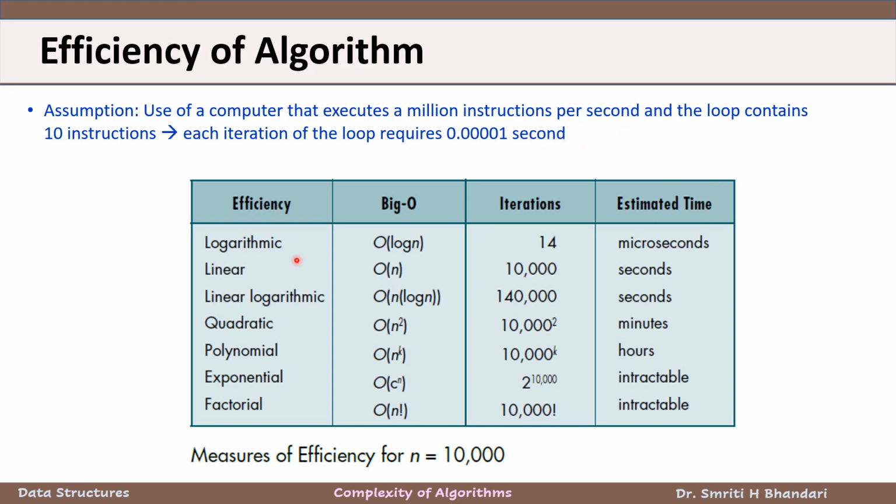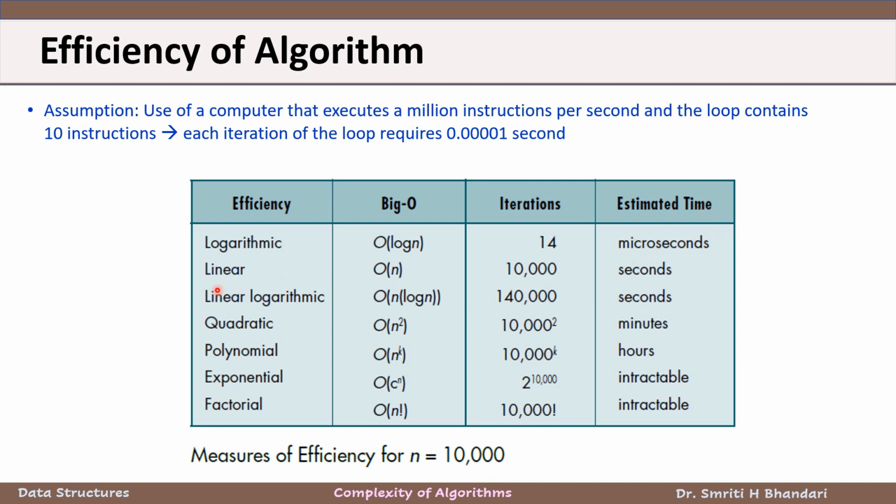If the loop is logarithmic, then the Big O notation would be order of log of n to the base 2. The number of iterations required is 14, considering n equal to 10,000, and the estimated time would be in microseconds.